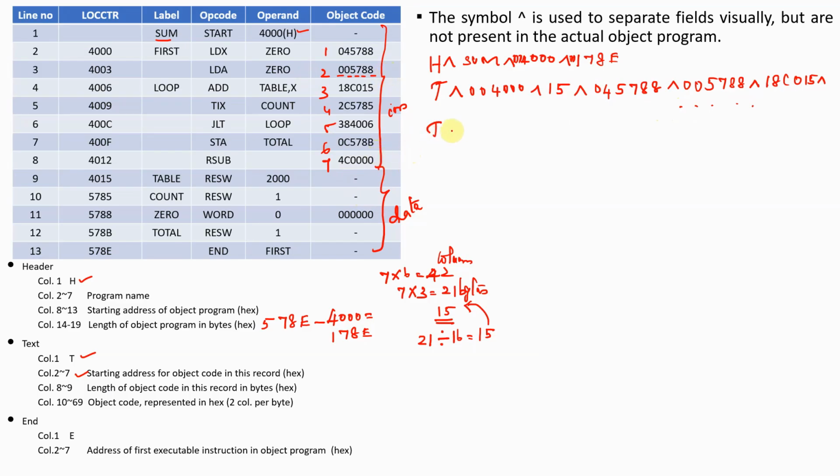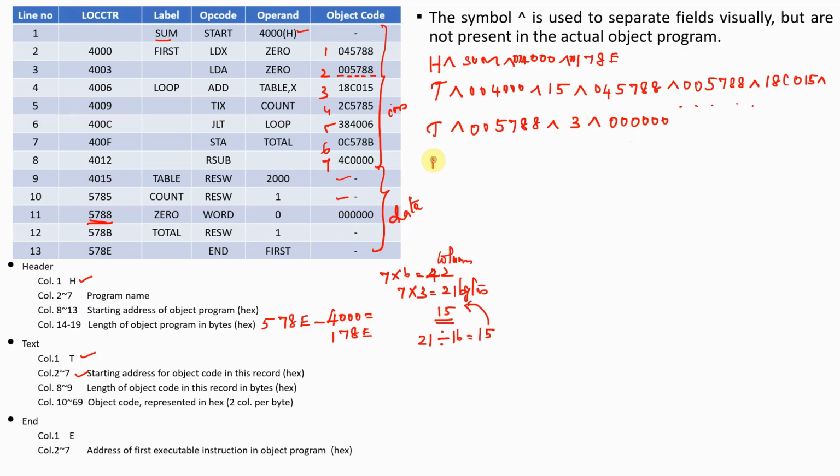Then followed by data, you have the starting address, 5788, because we don't have any other data in the spaces of 4015 and 5785. So the data starts only at address 5788, 005788. We have only 3 bytes, and that byte information is the object code.